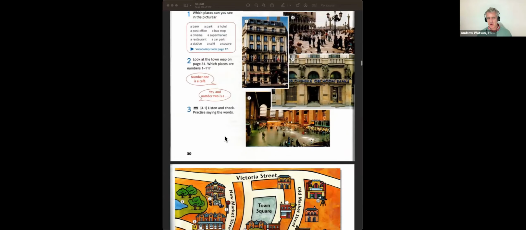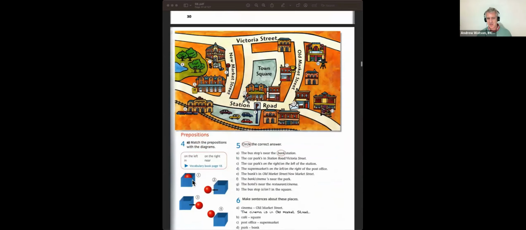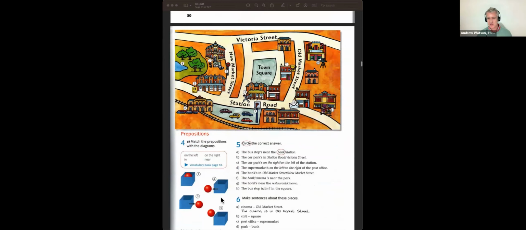It's not so much the vocabulary. So don't spend too much time on the vocabulary. The main language focus is actually the prepositions. Yeah, but they need the vocabulary to be able to work with the prepositions, don't they? So they're connected.